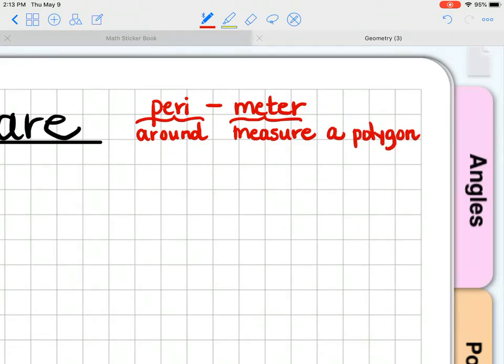You cannot find the perimeter of a circle. That's a different thing. Remember, a polygon has at least 3 sides and it's closed. Okay. So we are going to be calculating the measure around closed figures of at least 3 sides.